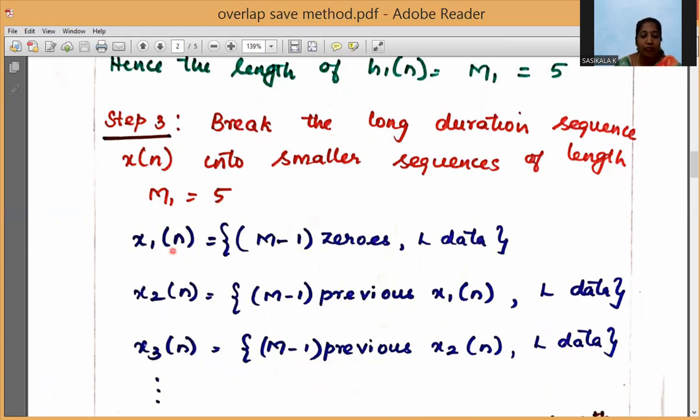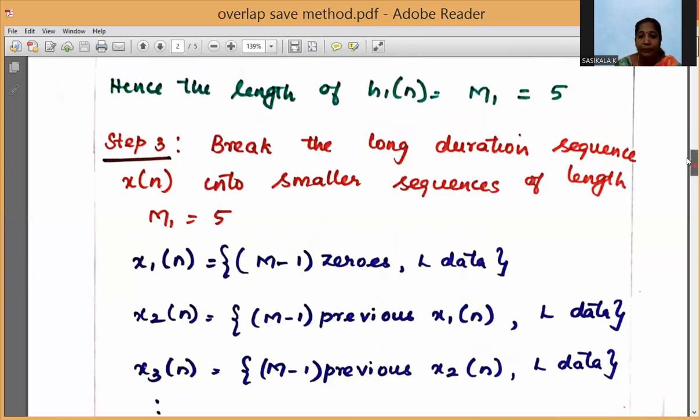So what is x1 of n? x1 of n is equal to m minus 1 zeros, comma, L data. This x1 of n's length should be 5. The m value is 3, so 3 minus 1 is 2 zeros you have to add, and you have to take the first 3 data from x of n.